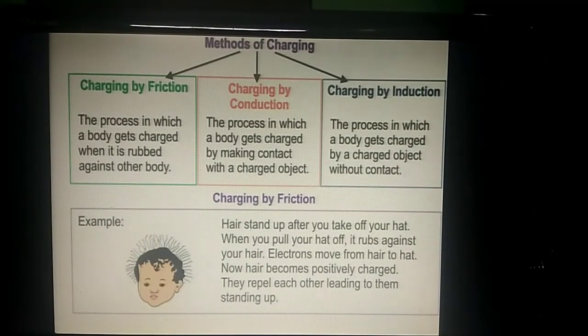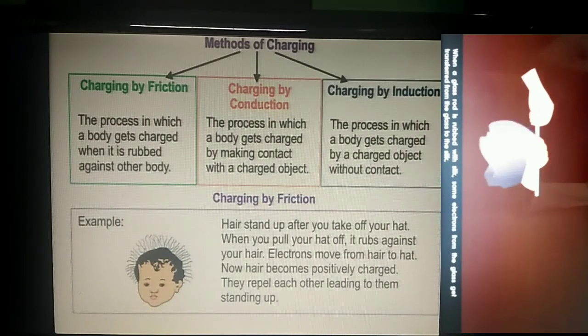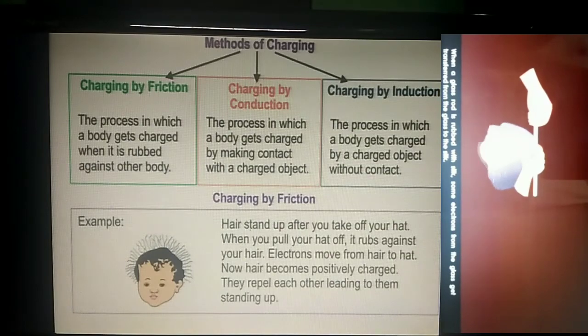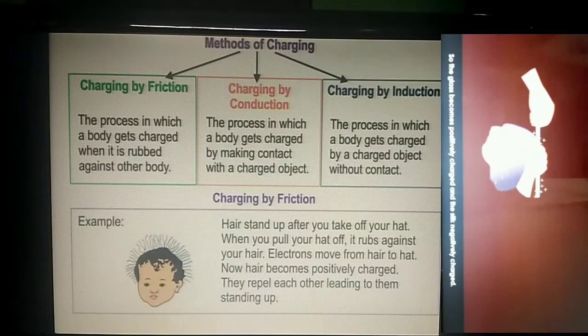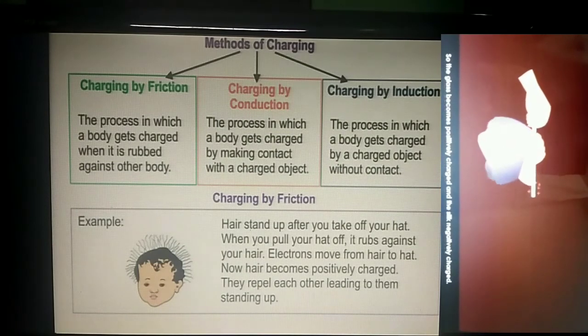There are three methods for charging objects: charging by friction, charging by conduction, and charging by induction. In charging by friction, the body gets charged when it is rubbed against another body. For example, when we keep a hat on the head for some time and pull it off, the hair stands up, because the hat rubs against our hair.